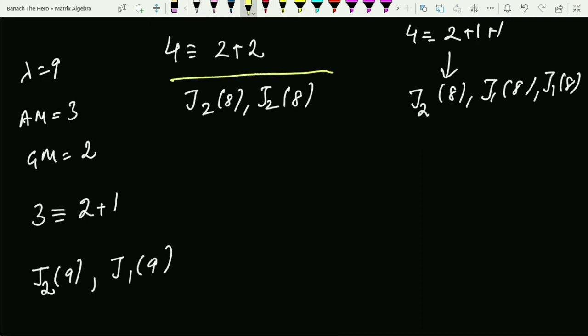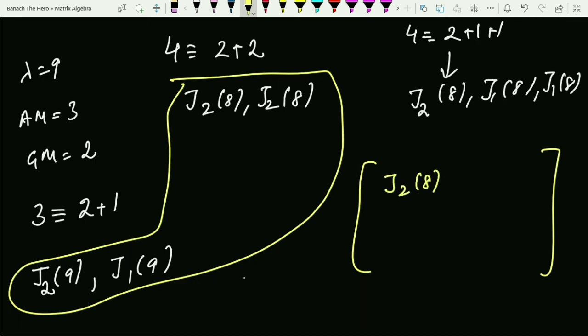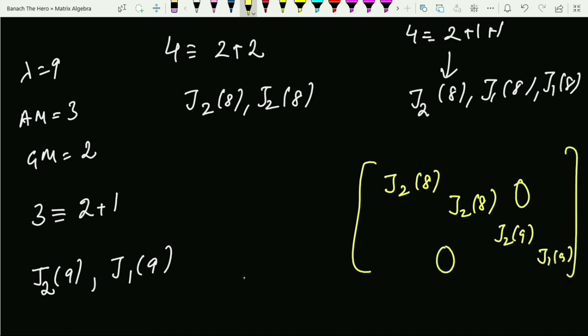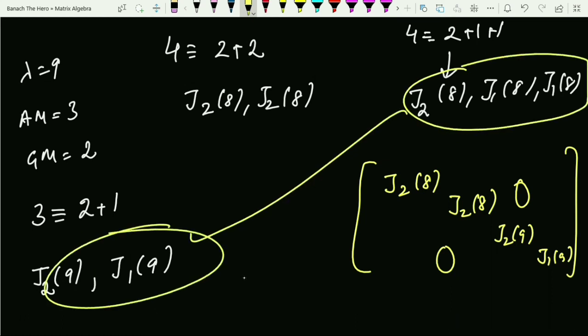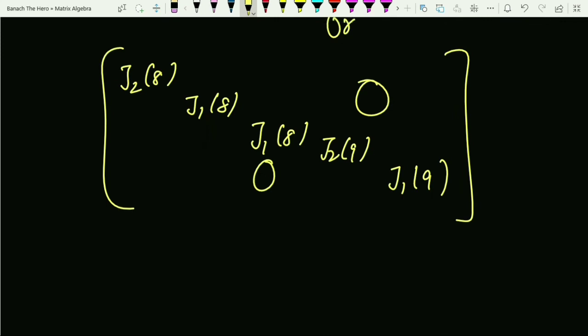Using these blocks, it will be J2(8), J2(8), then J2(9), and the last one J1(9). The second one uses the other blocks along with this block. These are the two possibilities of the matrix that will be formed.